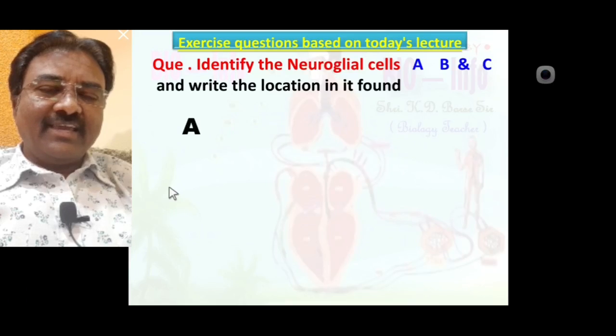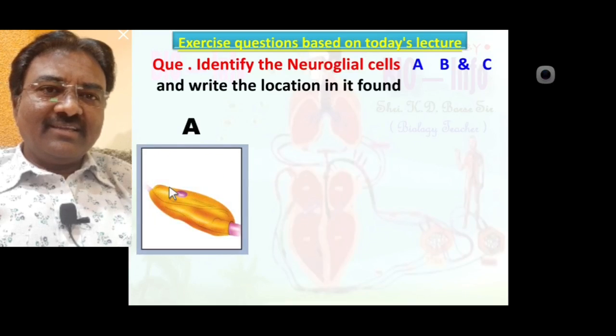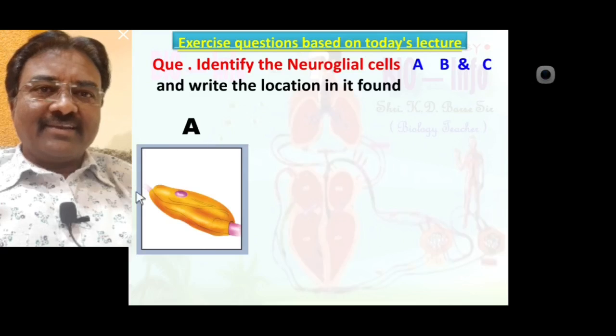First one is A, seen here. Yes, this diagram is a Schwann cell. No doubt it is a neuroglial cell. It is located in the peripheral nervous system.